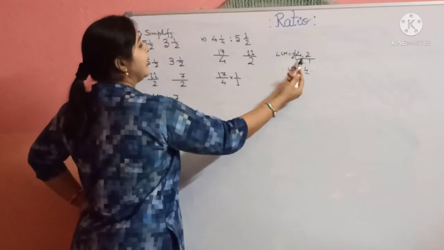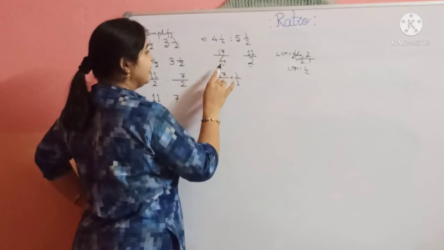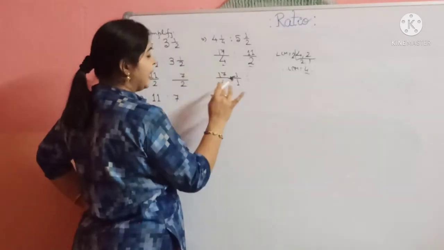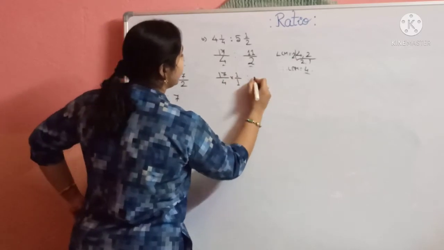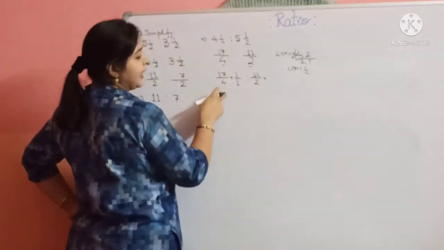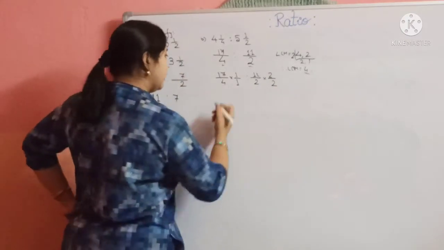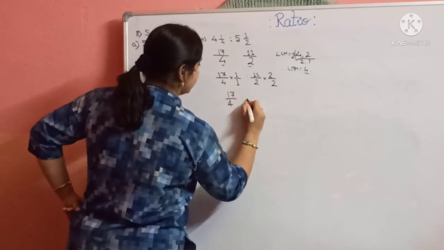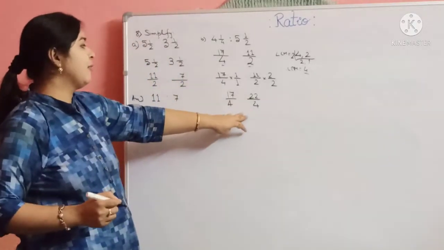We have done the LCM to make all the divisors the same. And 11 by 2 into 2 by 2. So here 17 by 4 is to 22 by 4. Now we have got our desired thing.